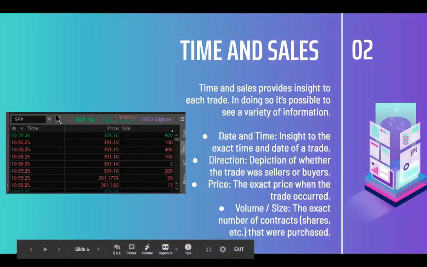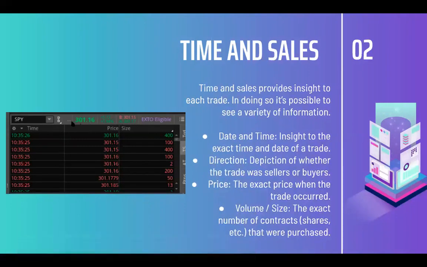So here's a chart of level 1 and level 2. Here's your level 1. Here's your level 2. They just call it level 2. This here is what you guys want to be focusing on when you're looking at the time and sales.